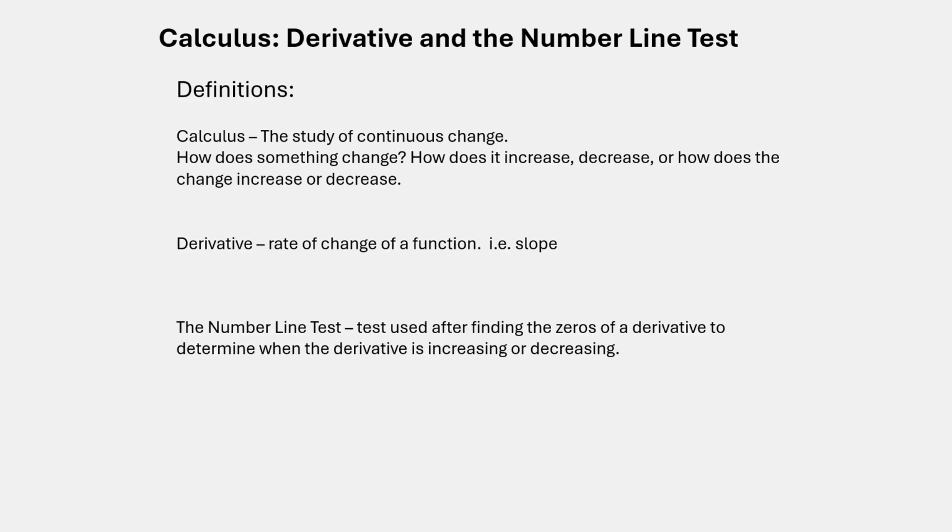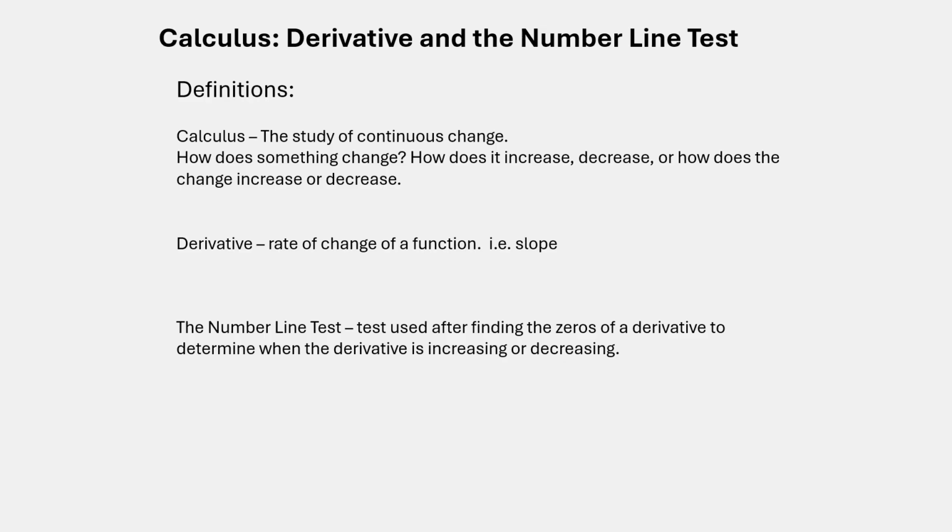The next definition specific for this video is the number line test. It pretty much is what it says it is. It is a number line, so just one line with numbers. Everyone should remember what a number line looks like.